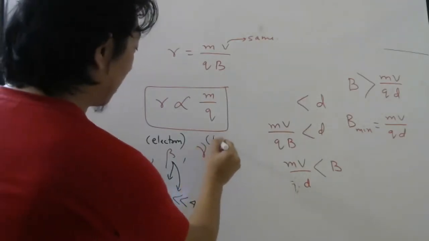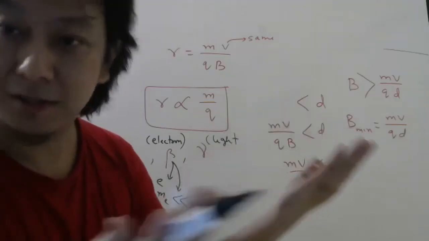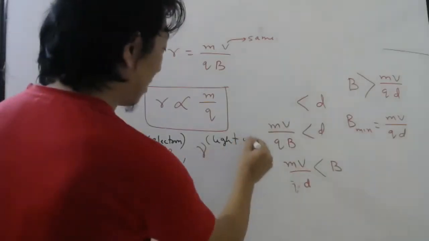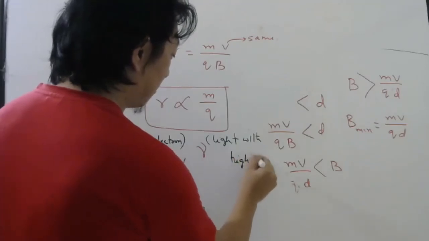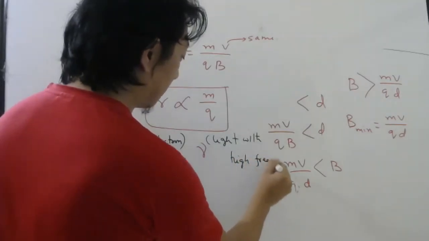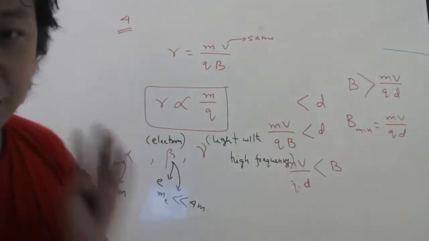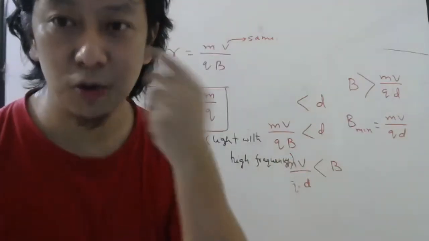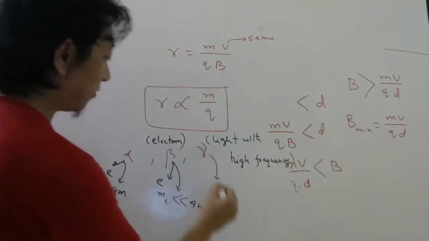Gamma is nothing but light, light with high frequency. So gamma is nothing but light, but with very high frequency, though it is not visible. Anyone knows the charge of gamma?